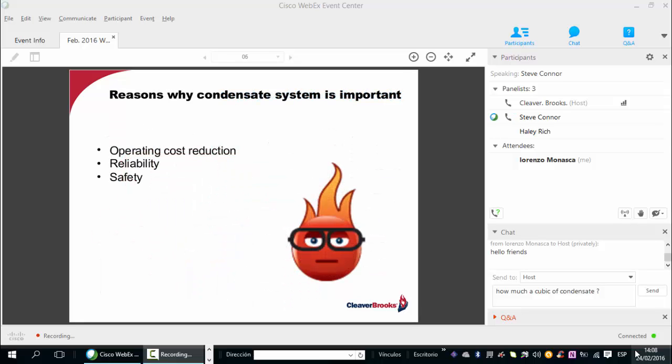Well, the answer lies with these three primary reasons. Operating cost reduction. In other words, let's improve the overall system efficiency and reduce the fuel cost. Then, of course, we have a reliability issue as far as the process or the heating plant is concerned, and then safety. Those are the three general reasons why we want to return condensate.